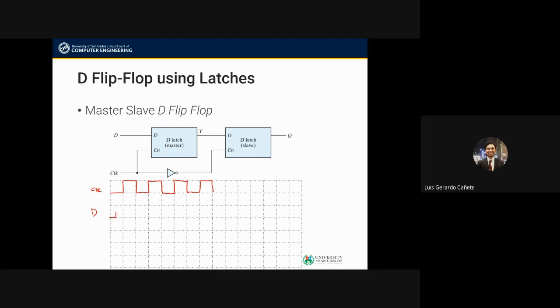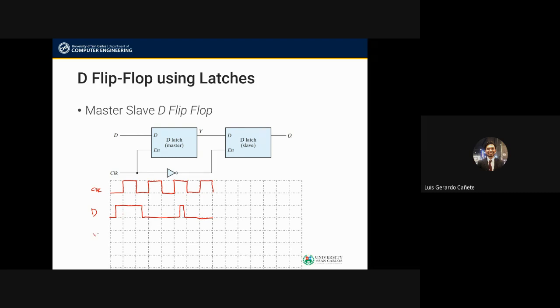So let's say that D goes to 1 here. It's maintained at 1 there. Goes low here. Okay. So let's say that this is our D signal, right?